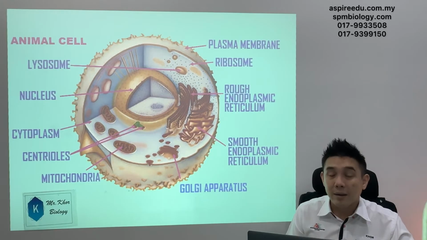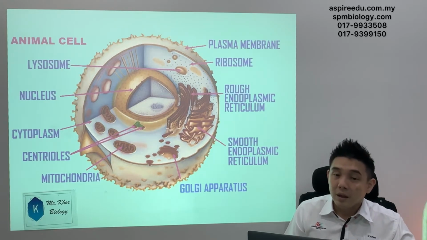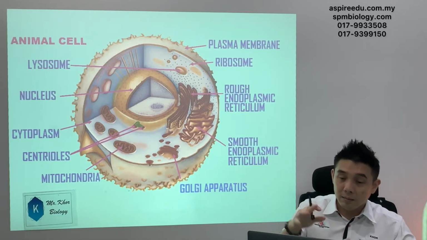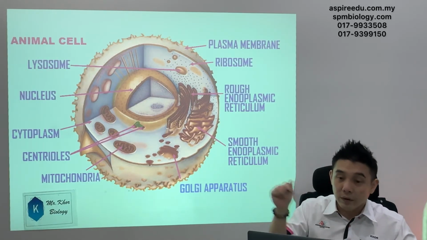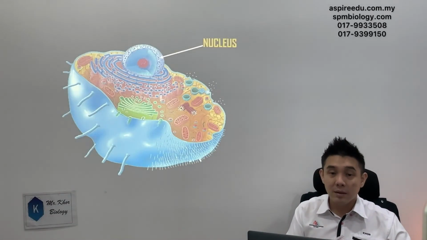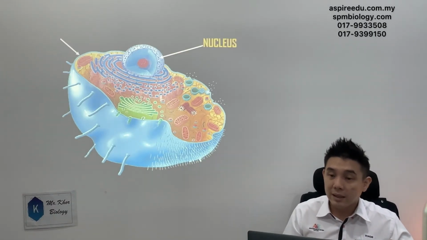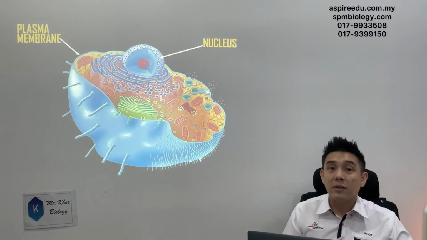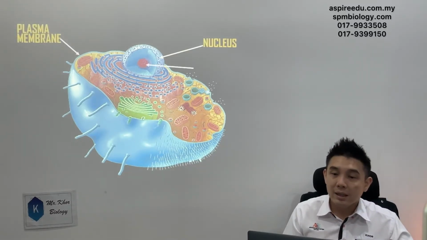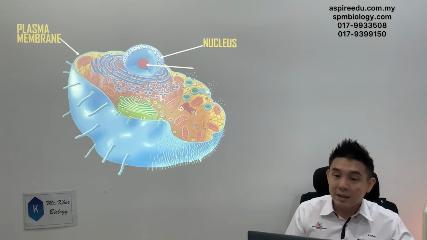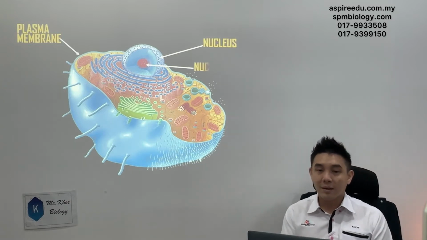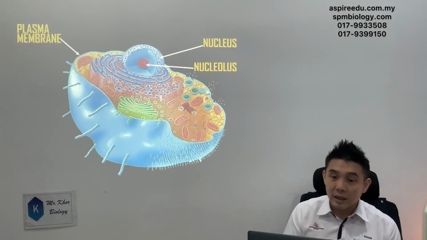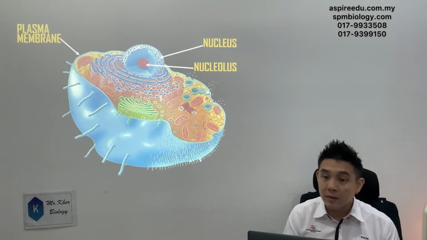Lysosome. Okay, last one before I give you some time to try out the fill in the blank exercise. Outermost layer, plasma membrane. This one, guys. Nucleolus. Inside the nucleus is nucleolus.